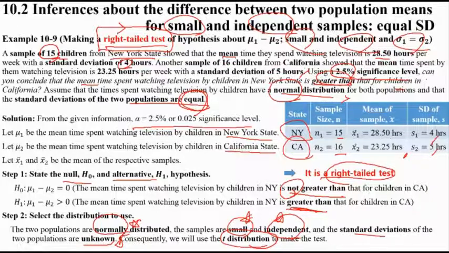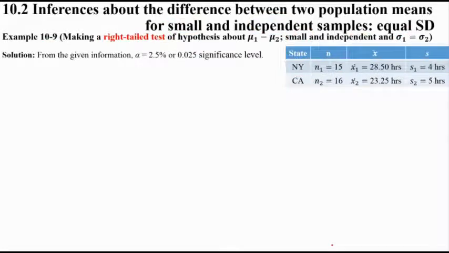So the third step, next one. All right. First, third step. What is that? Determine the rejection region.